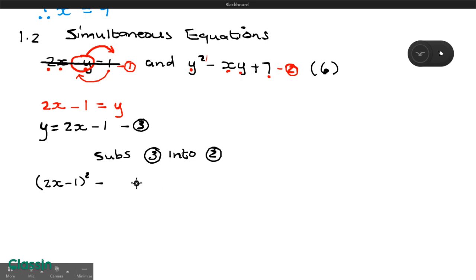Our first letter that appears there is x, therefore we leave x, but the variable y here must be changed to 2x minus 1. Here we only have a constant number, therefore we can't change anything. It remains as 7.